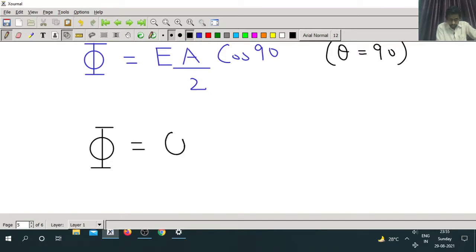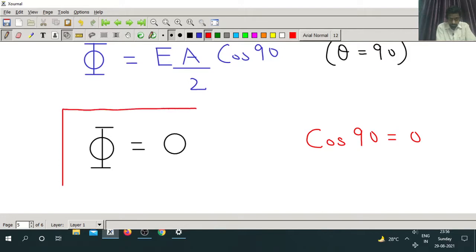So why is it 0? Because cos 90 is 0, and since cos 90 is 0, that means no lines are going to pass through that area, the half of the area. So the answer to this question is 0.